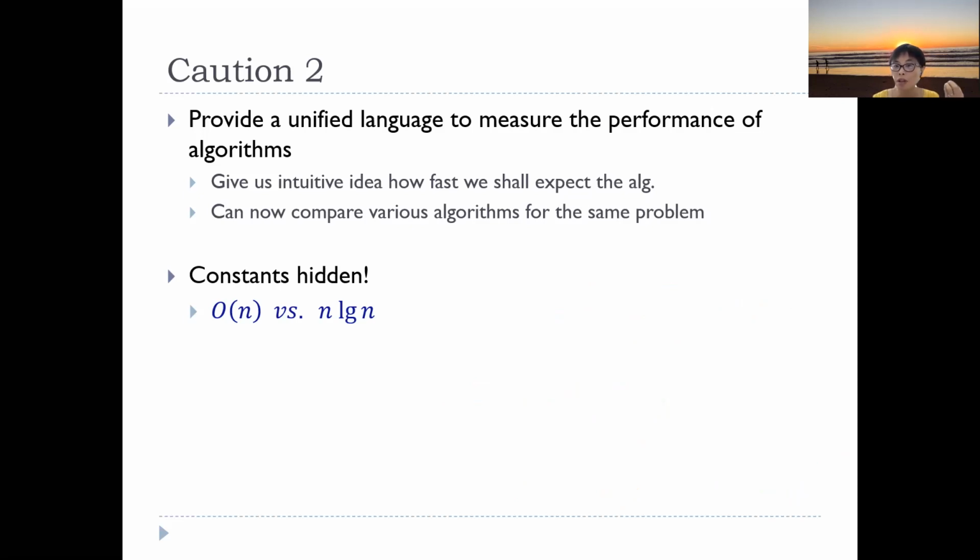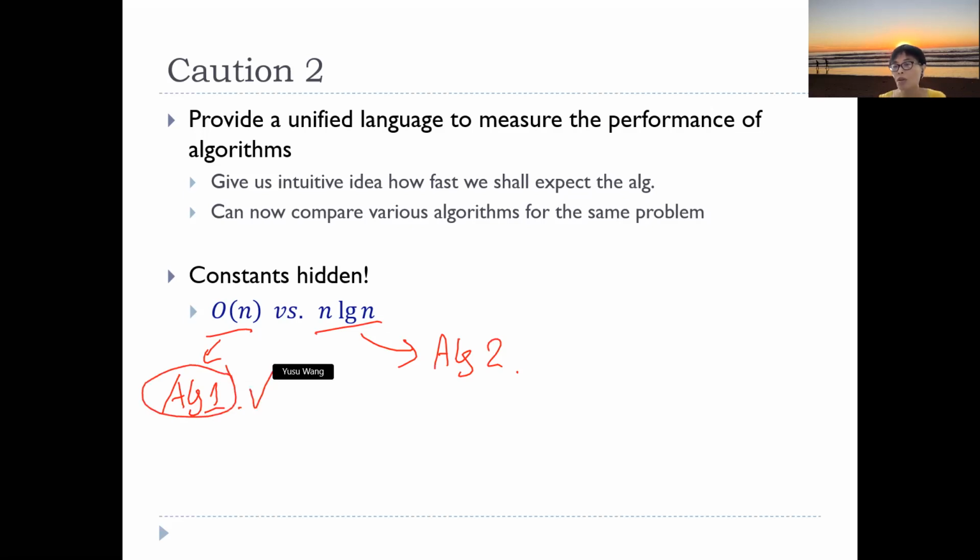But at the same time, we also have to be conscious that when we use this asymptotic language, this big O, big omega, big theta, they're actually hiding constants inside. And how big that constant is, we don't know. So for example, if you give an algorithm, so this is algorithm 1, this is algorithm 2, on the surface, if we compare this by asymptotic complexity, we say, hey, this is a better algorithm because it only runs in linear time while this one is n log n.